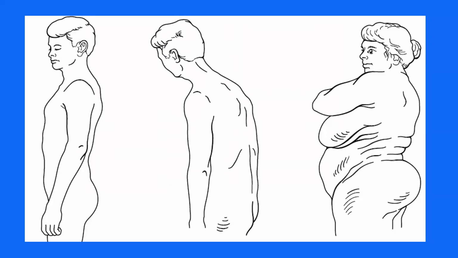In the photograph of the man in the middle, he is in positive sagittal balance, meaning that everything is bent forward and he is an out-balanced individual. He is not balanced.